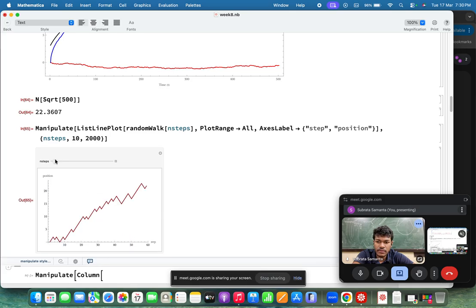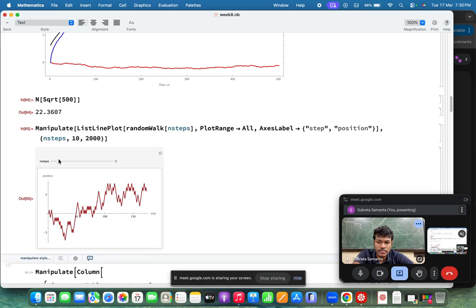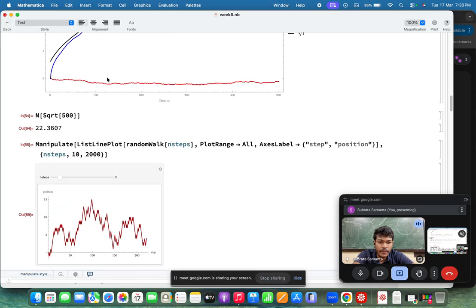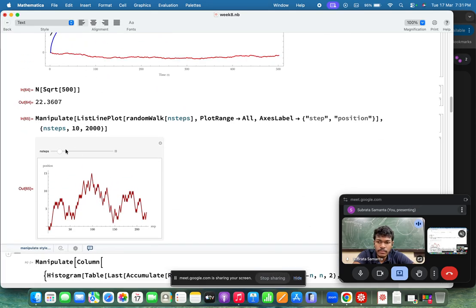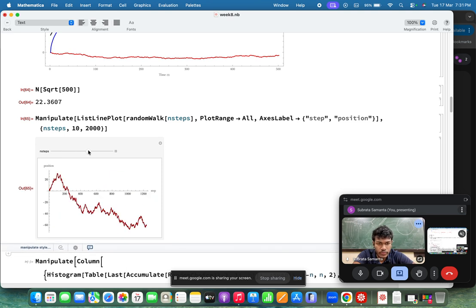So this is for one path, and you see how this changes. Remember, this is only one path. Once you calculate the average or RMS at a given timestamp, you have to do it over many paths at a given timestamp to get these results.